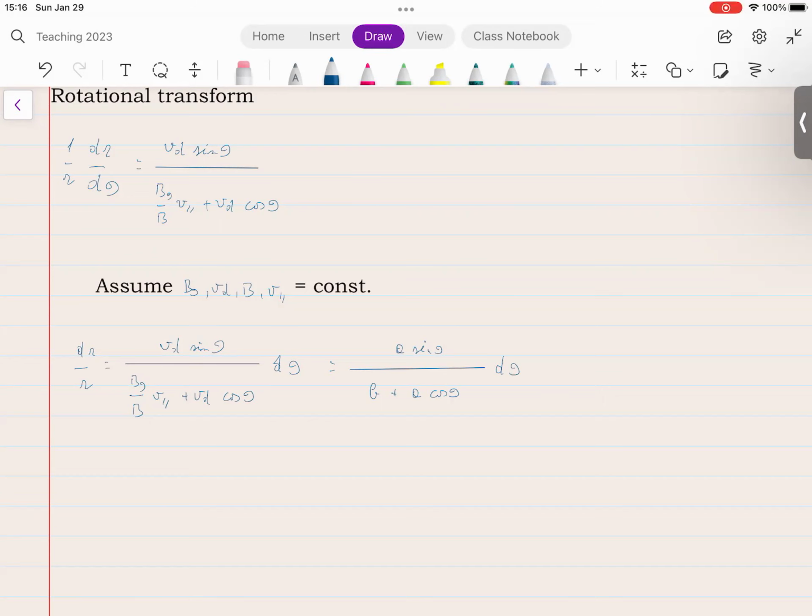Then you can easily integrate this by inspection, because the numerator is actually the derivative of the denominator up to a sign. Sign is easy to fix. So this gives us that the logarithm of R is equal to minus the logarithm of the absolute value of the denominator, so B plus A cos theta, or replacing back the quantities we named, B theta over B times V parallel plus V drift cosine theta.